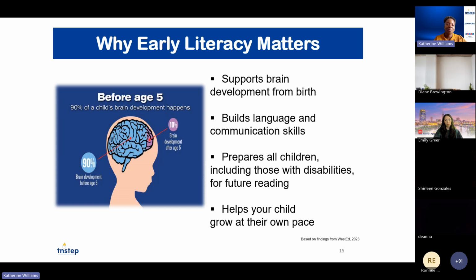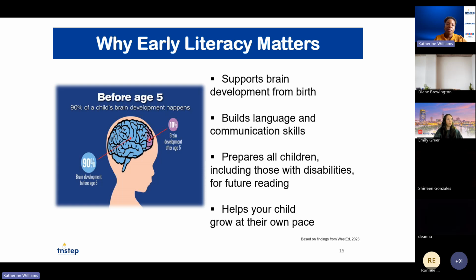So just a little more scientific background of why early literacy matters. Of course, it supports brain development from birth. It builds those language and communication skills, and it is really important for all children, no matter what their abilities are.